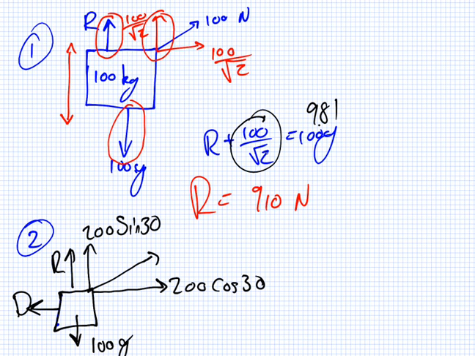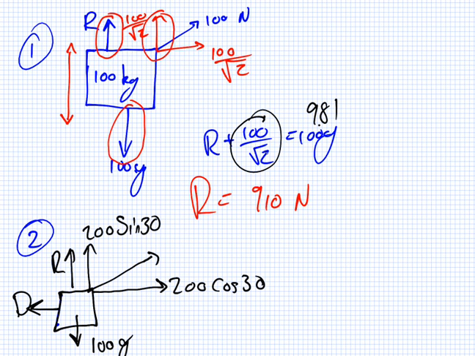You see this number here, 70.7? You need to calculate this one, which would be 100 times sine 45. So you say this plus this equals this.